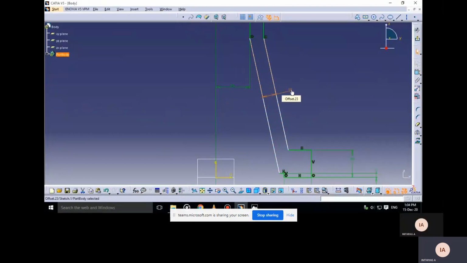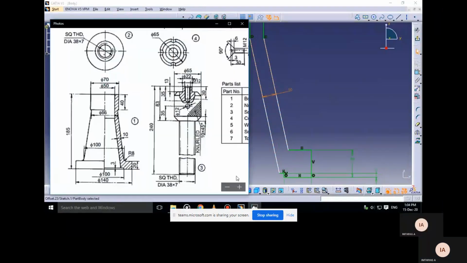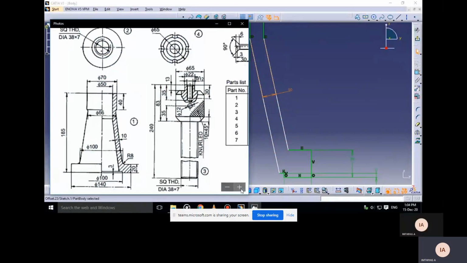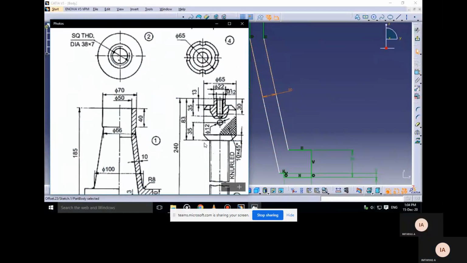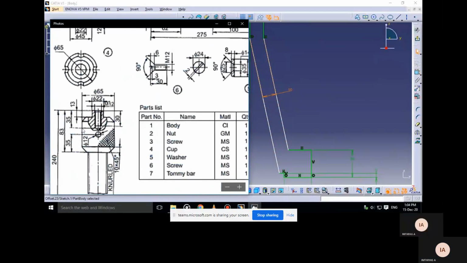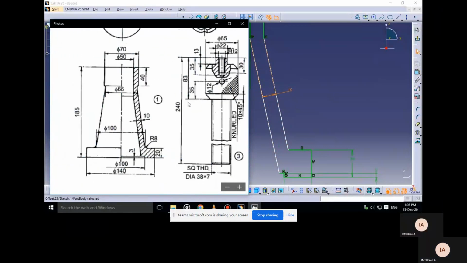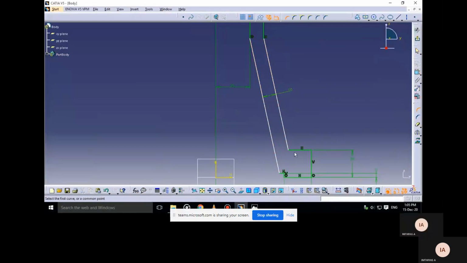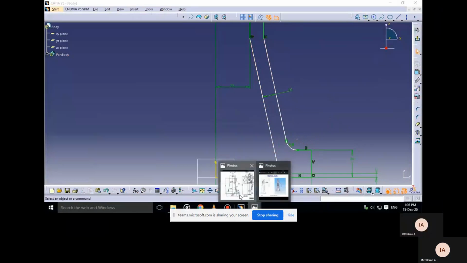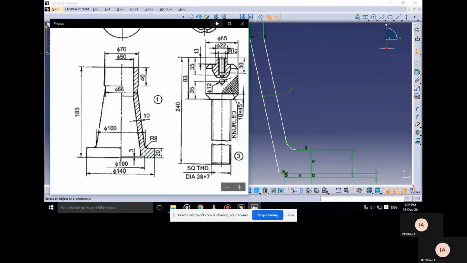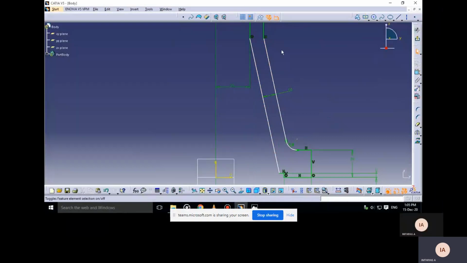This dimension is 10 mm, and from the top it will be around 40 mm, and then again we have a dimension of 66 diameter. The radius is 8 mm, and then from the top it will be 66 mm diameter, as well as the height is 40 mm that we have to draw.